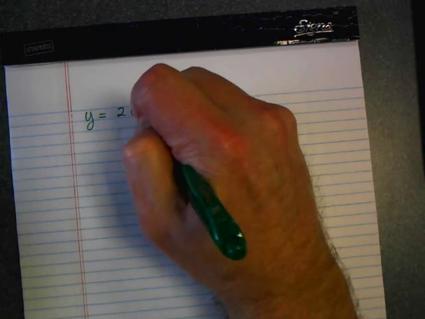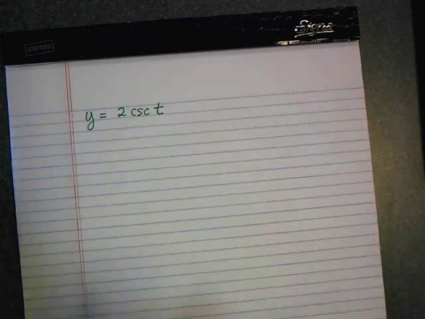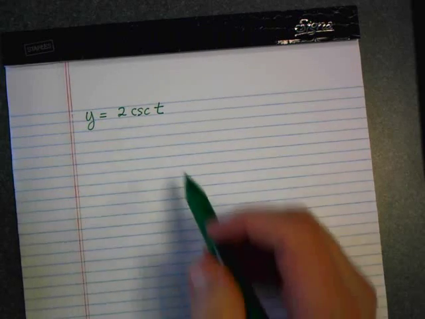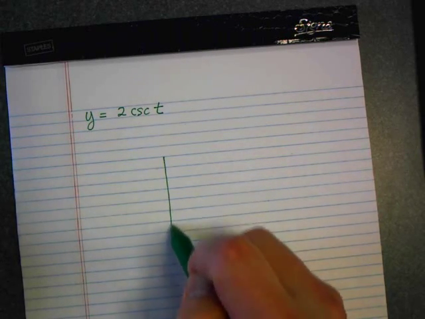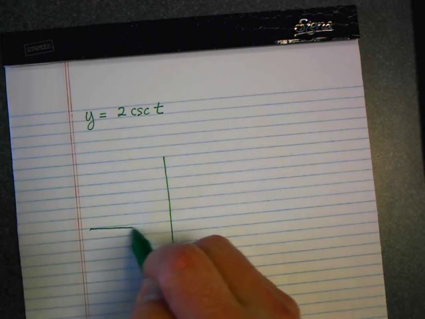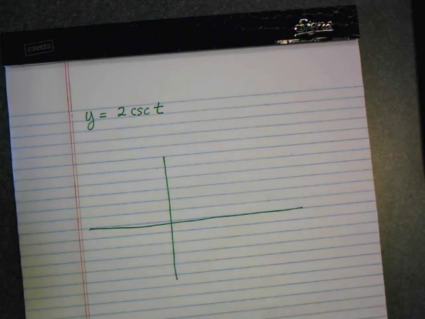Okay, so if I asked you to graph y equals 2 cosecant t, here's what I would expect to see. Oh, I should have mentioned this.